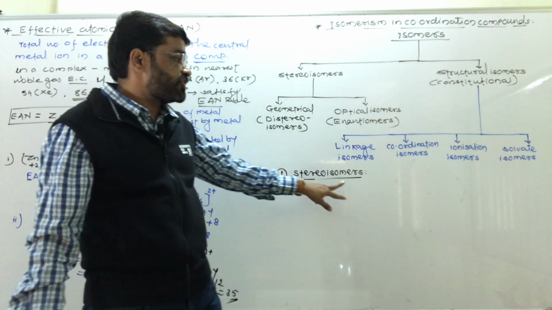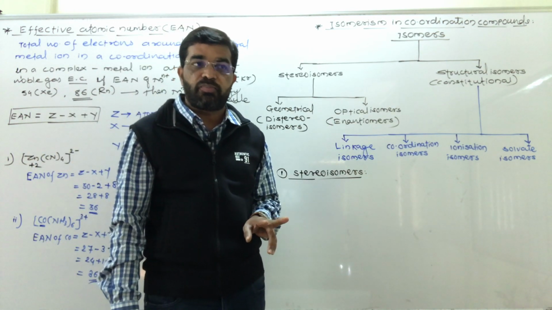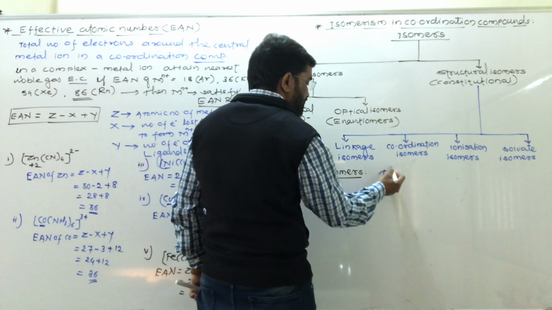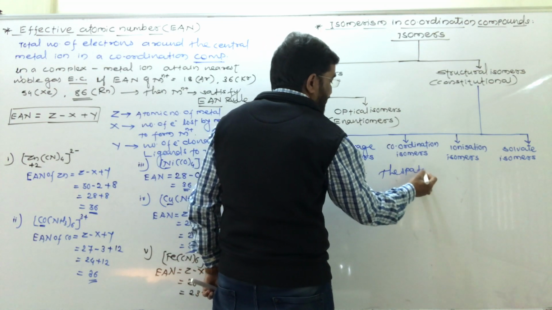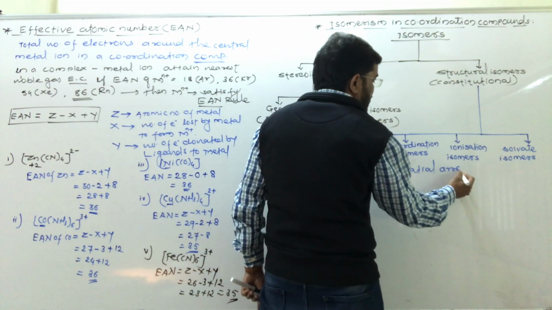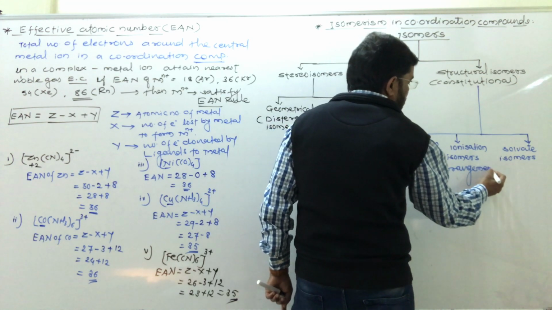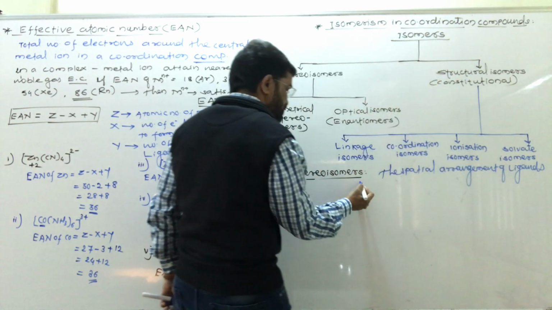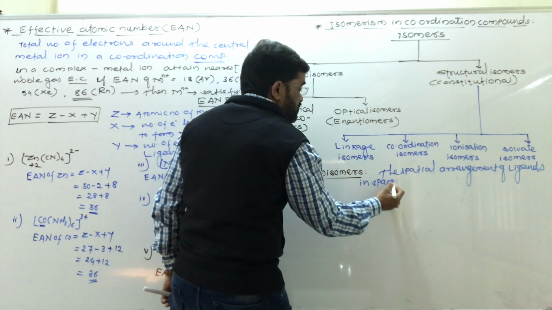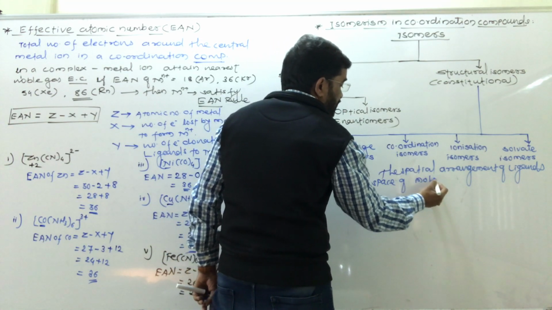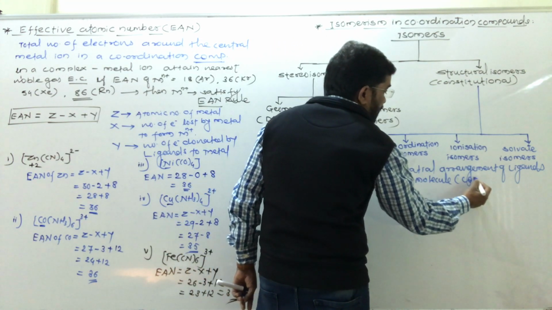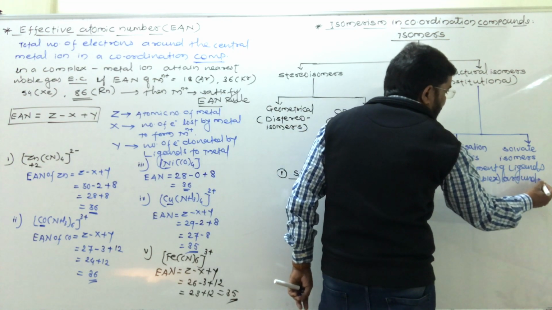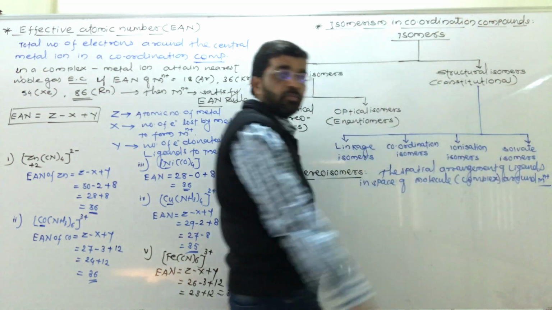So see first of all stereoisomers of coordination compound. Stereoisomers means what? That is the spatial arrangement of ligands in the space of that molecule, coordination compound or complex around the central metal atom or ion.